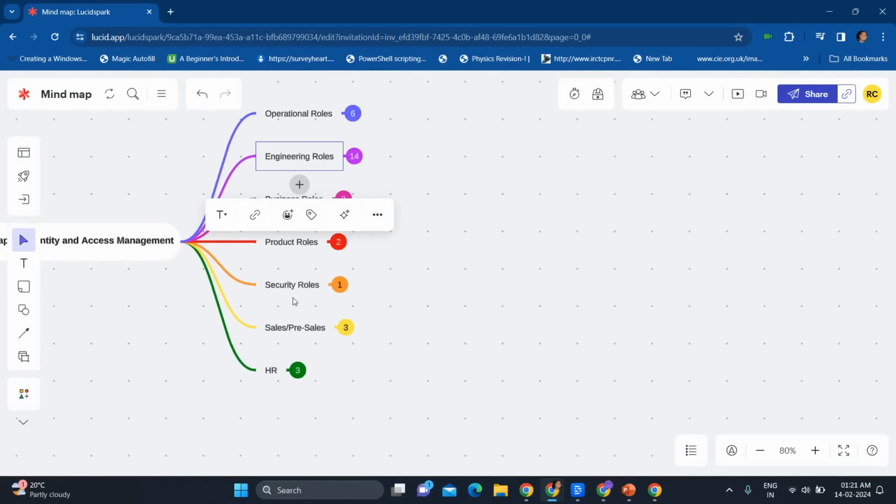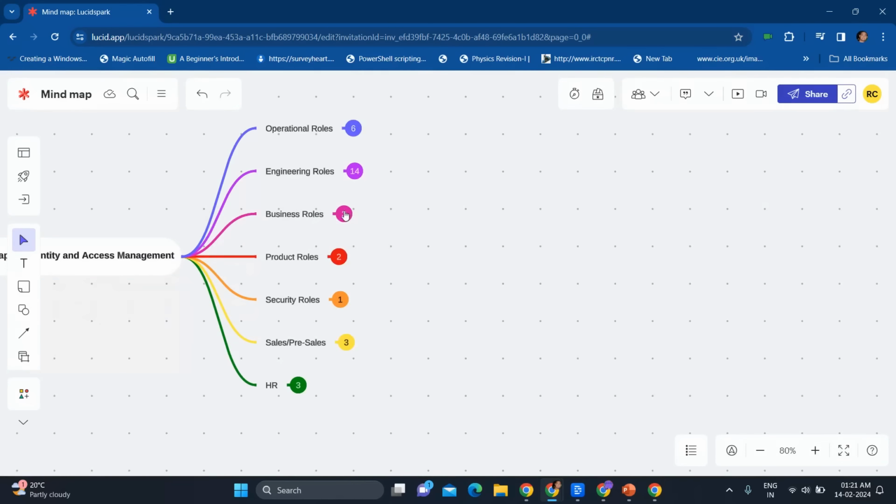Let's focus on the business roles. So what does business role mean? It means professionals who are managing the day-to-day interaction with the client during the entire engagement process. For example, if you want to onboard an application, you would go talk to the application team, understand the requirement, gather requirements from them, and pass that requirement on to the engineering team, to the developer team.